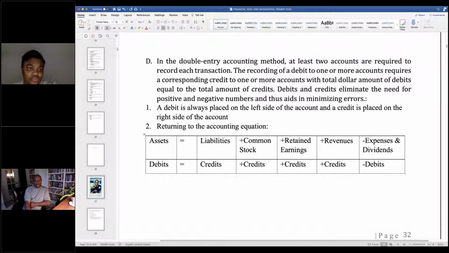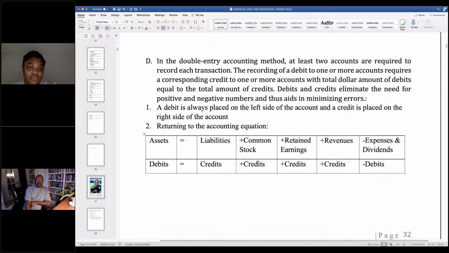So turning back to our equation, assets are the debits, liabilities are credits, common stock is credits, retained earnings is credits. If the business is doing well, revenues are credits, expenses and dividends are debits. So typically in the business, we're getting assets, that's why they're debits, and we get them through either liabilities, paying cash, or through earnings.